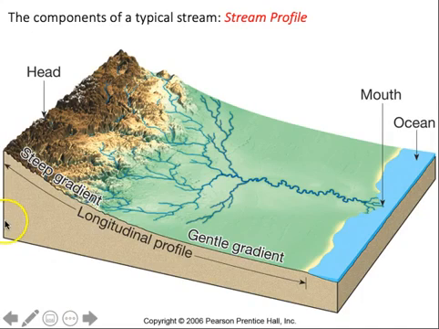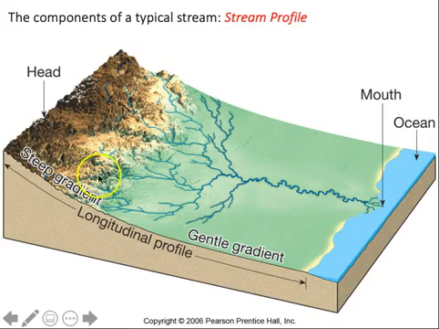The stream profile represents a typical stream's path from start to finish. The head or headwaters are where the stream starts. Here there are many smaller channels, tributaries, that are contributing water to the main channel called the trunk.